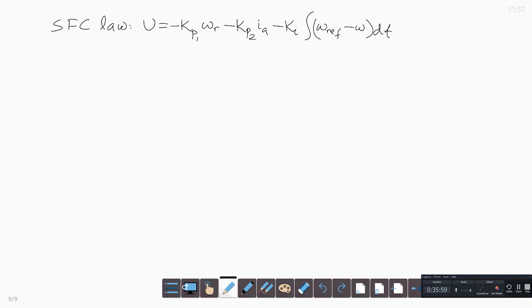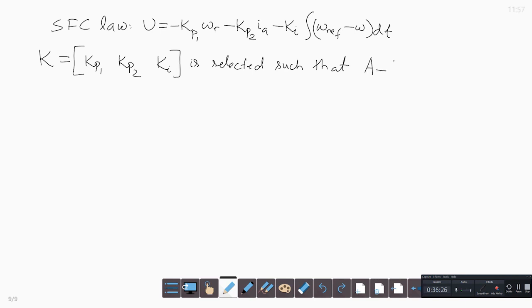This requires pole placement at appropriate locations. K, consisting of Kp1, Kp2 and Ki, is selected or designed such that the A minus Bk matrix has eigenvalues at desired locations.